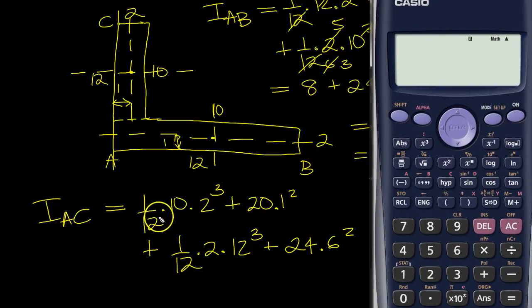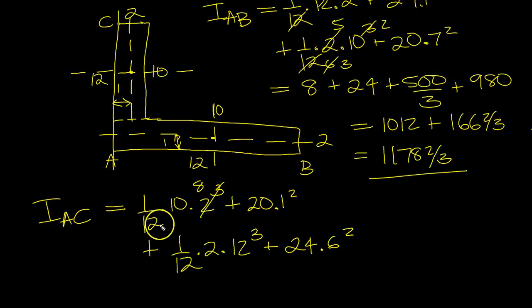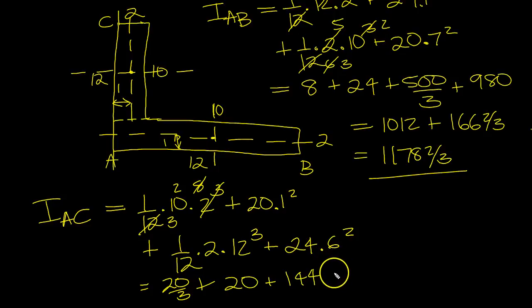So I'll just put this over here so we can see the whole sum. So what have we got? This is 8, so this would be 2/3. So we got 20 over 3 plus 20 plus 12 squared times 2 is 144, plus 24 times 6 squared, which is 36.